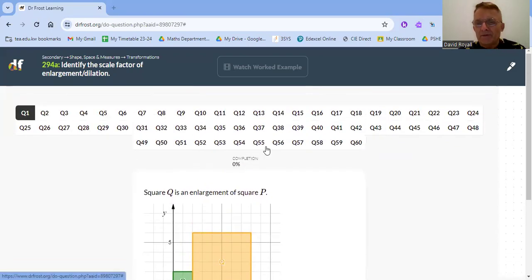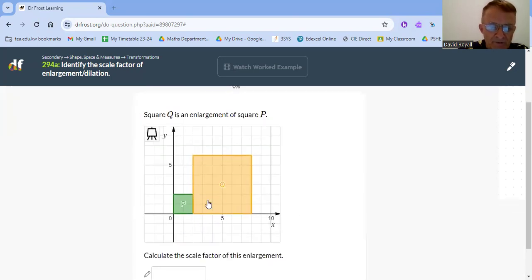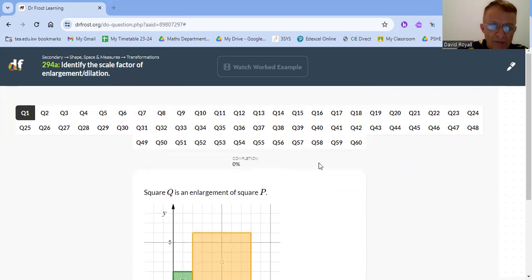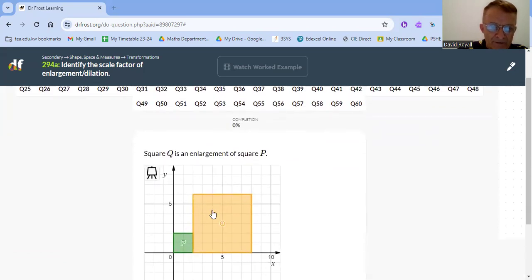The idea of an enlargement is making an object bigger. You keep its similarity. So here we've got a small object and a big object. The big object has a scale factor of 3, which means it is 3 times bigger. Why?